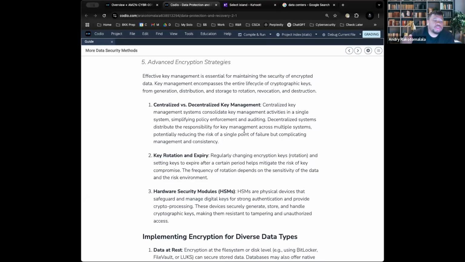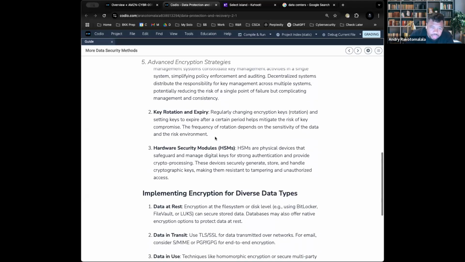It can go into multiple systems. So multiple systems can mean it goes to different countries, different servers, different organizations in general, right? The point of this is if it's centralized, it becomes one single point of failure versus decentralized, meaning that it can be spread out.